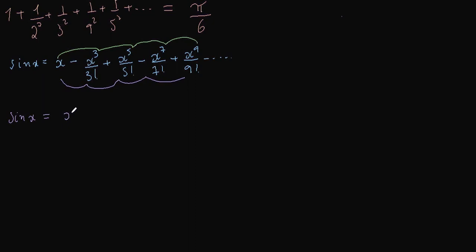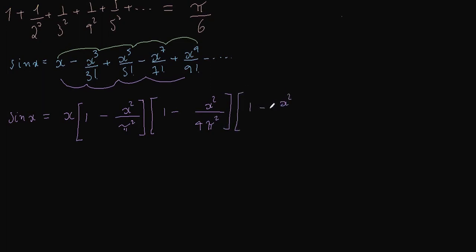So sine of x is equal to x times 1 minus x squared over pi squared, then again 1 minus x squared over 4 pi squared, then again 1 minus x squared over 9 pi squared, and so on.